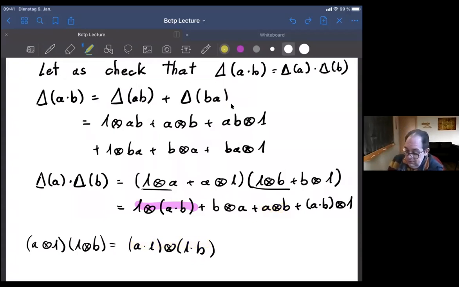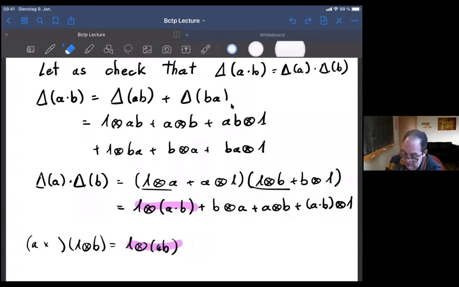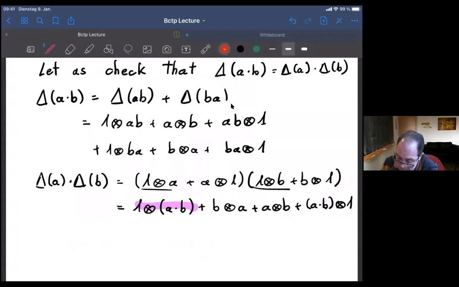Now to conclude, you have to remind yourself that, maybe sloppy in my notation, A times B here is the shuffle product. Multiplication is shuffle, so it's this. Same here.